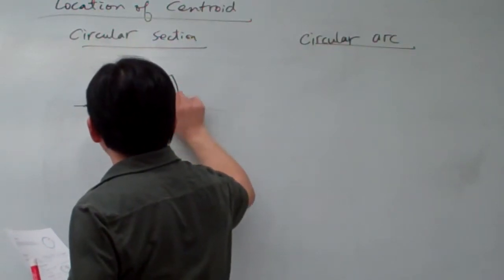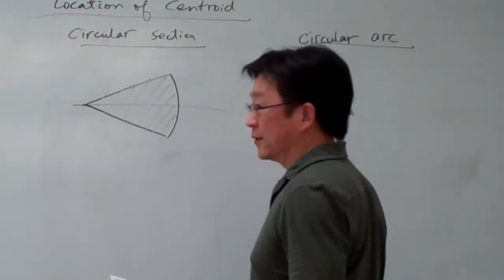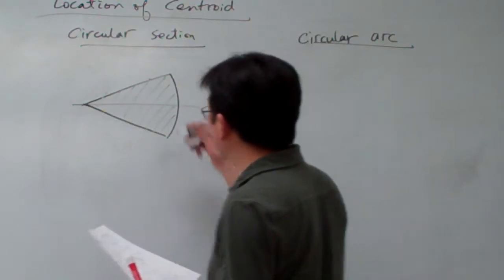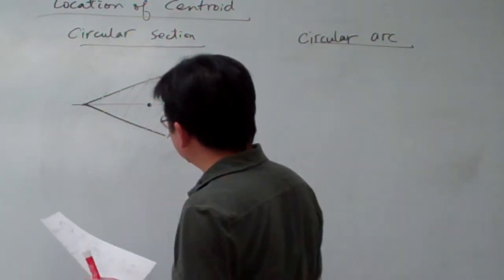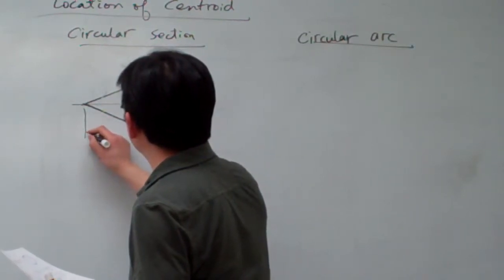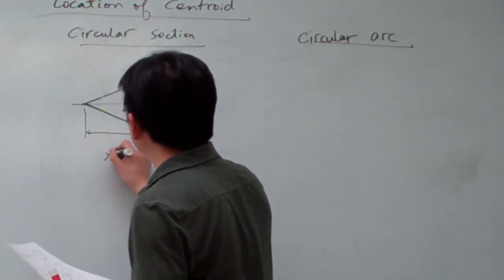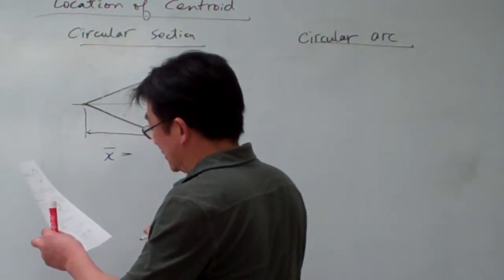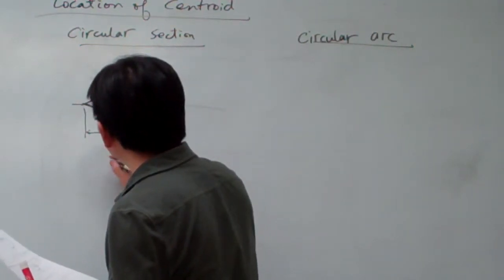So if this is the entire occupied material, we call it the circular section, and the centroid is somewhere here. The distance to the center of this circular section is x bar, and that one, let me call it r bar, okay?